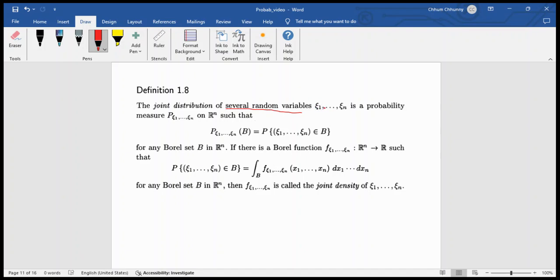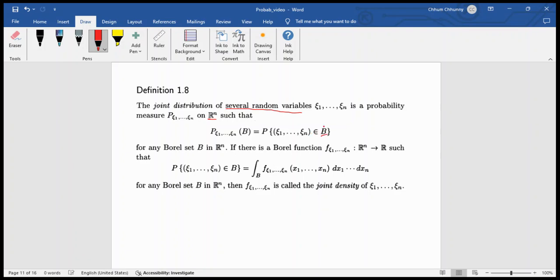Given the random variables ξ1 until ξn, the joint distribution is a probability measure denoted by P of ξ1 until ξn, such that P ξ1 until ξn of B is equal to P of the set ξ1 until ξn belongs to B.